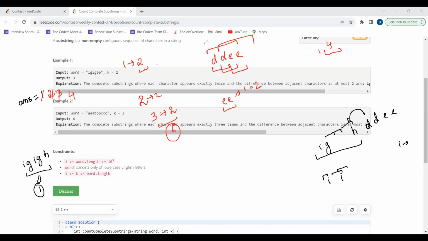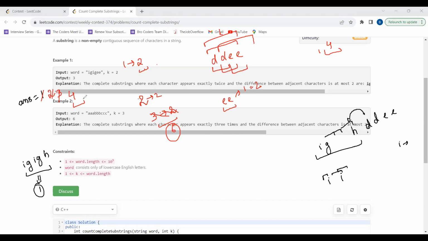And here the length of the substring we have is 4 only. So we can discard this case. And the total number of good substrings we got is 4. Clear, everyone?